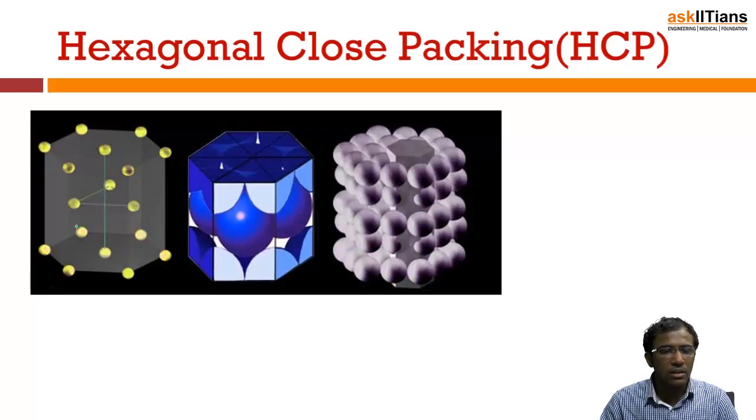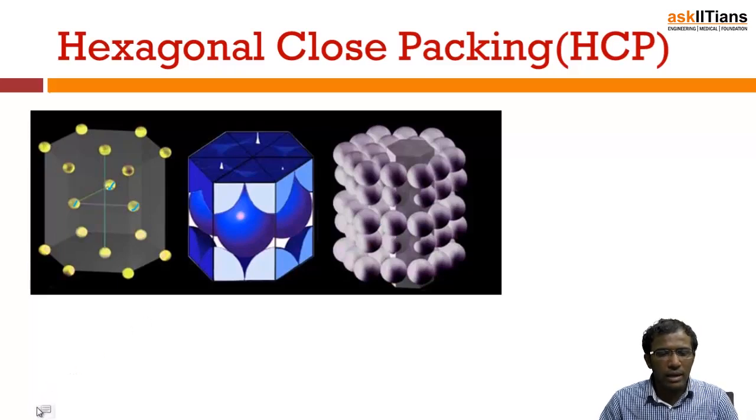This is the first layer A, this is the second layer B, and this is the third layer which is the same as the first layer. This is the unit cell, and this is the space filling model, where the 3 atoms, 1, 2 and 3, belong entirely to the unit cell. This is the hexagonal close packing.